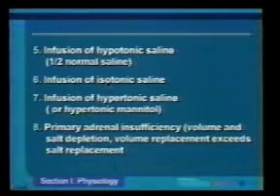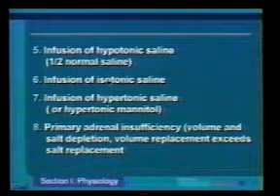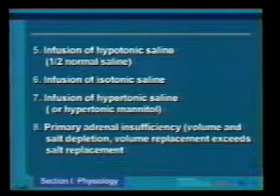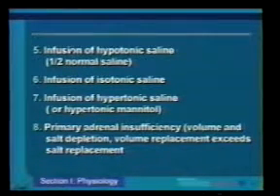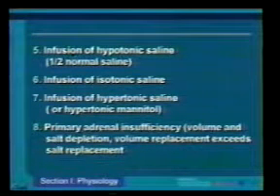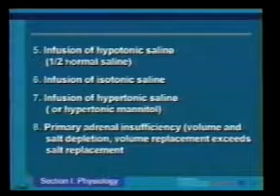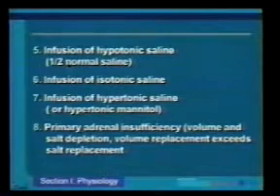Now, in your notes, there's several other examples. You use the same reasoning. You should go through these on your own. And as I said, the answers with explanations are at the end of the section here. You should go through and figure out the consequences of giving hypotonic saline. This is a clinical maneuver and likely to be tested. It is sometimes called giving half-normal saline.